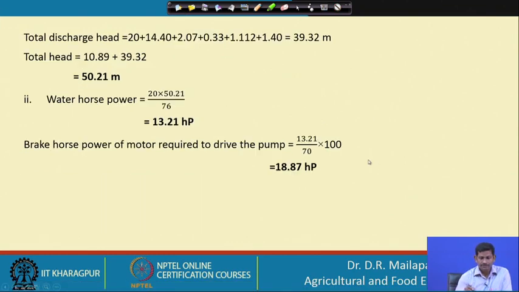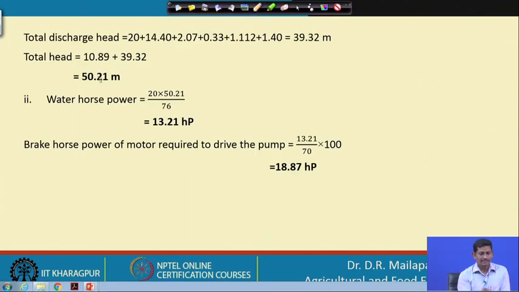In the case of discharge head, the total will be the length of the discharge line, and 14.40 is the friction in that line, and 2.07 is for the bends, and then this is the reflex valve and other bends.